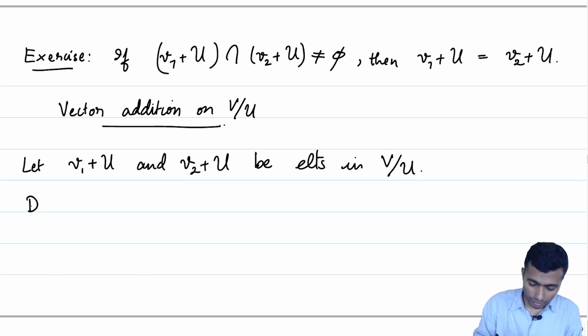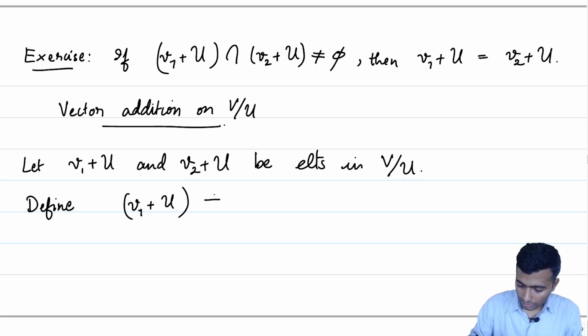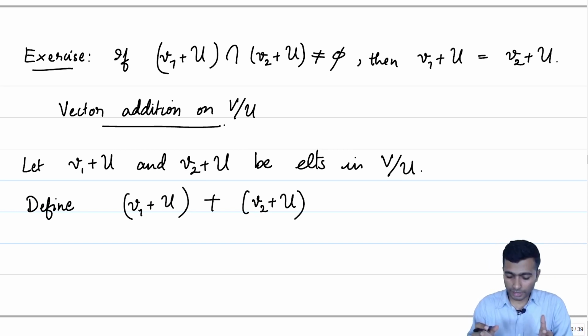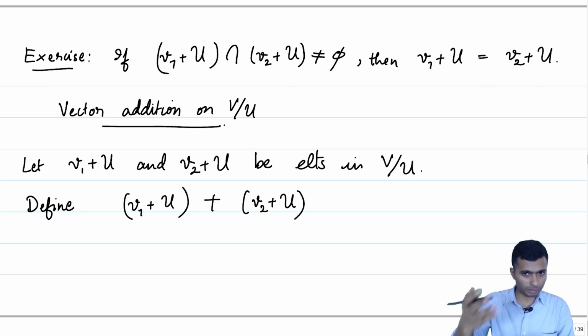Let's define V1 plus U plus, this is the plus we are defining, and V2 plus U. Remember, whatever is there inside the brackets, they are elements in V mod U. So V1 plus capital U as a symbol is something which we have already defined, an affine subset.